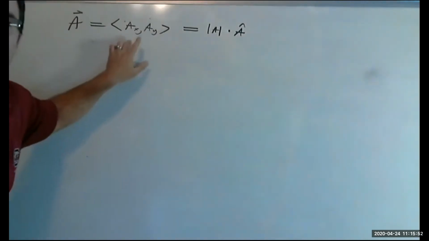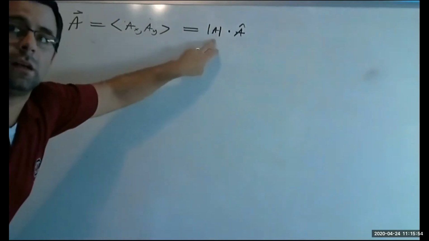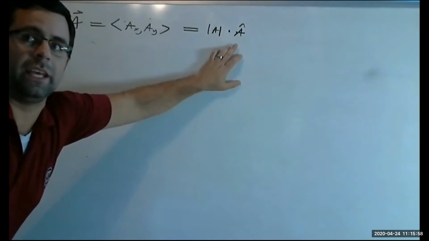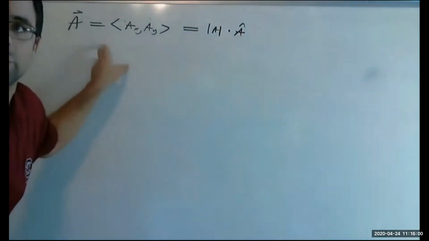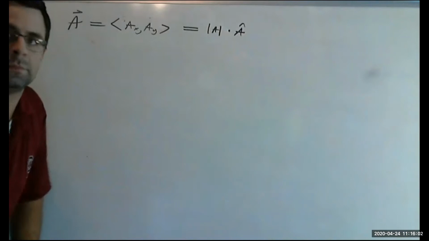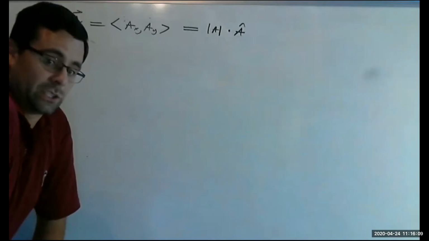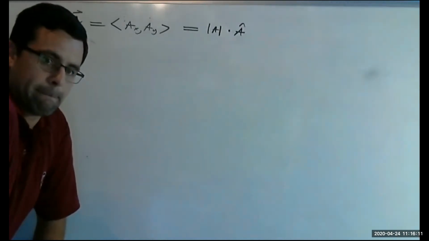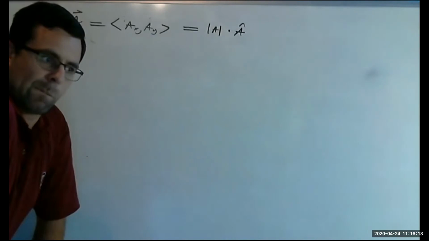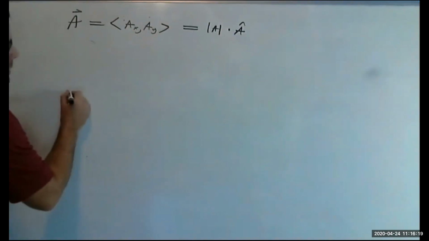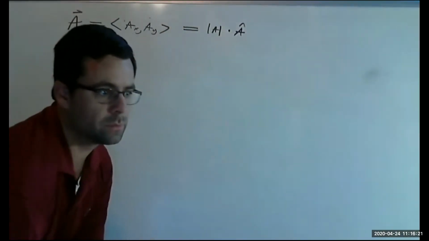I say AX, AY, A, and not this. What's the other thing that usually goes with the rest of these? That tells us the direction of a thing.